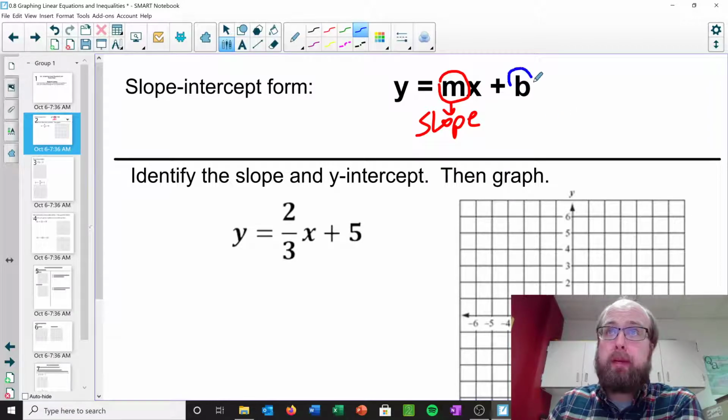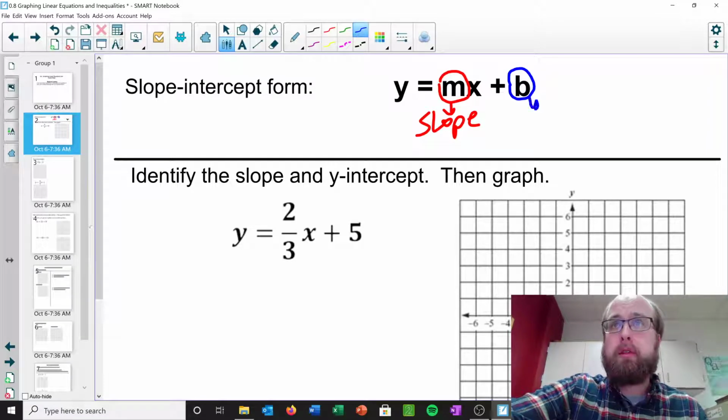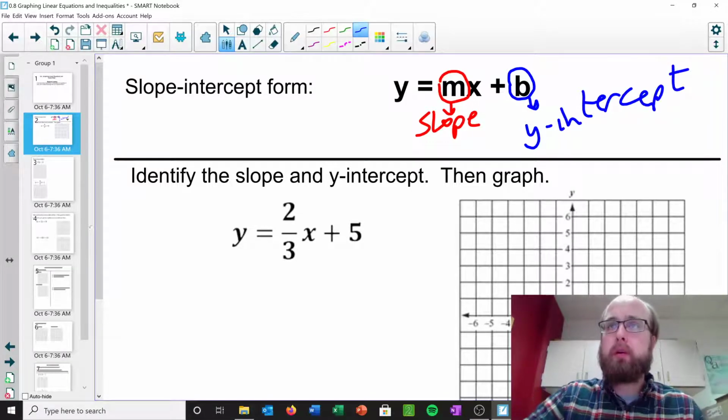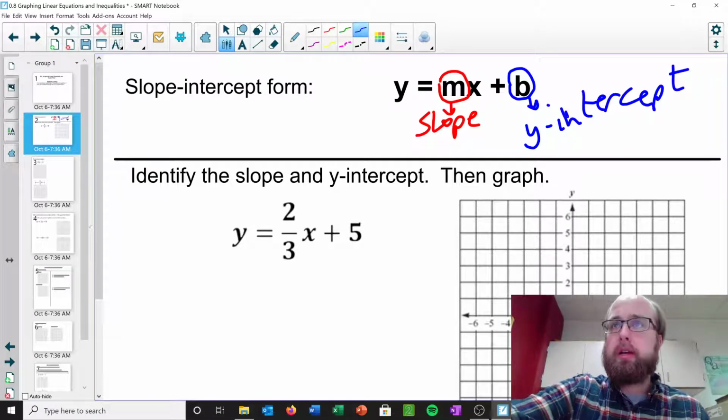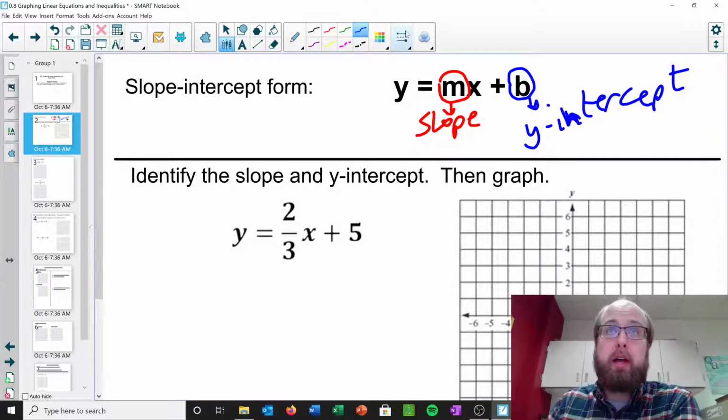And the b gives us the y-intercept, which is the point where the line crosses the y-axis.